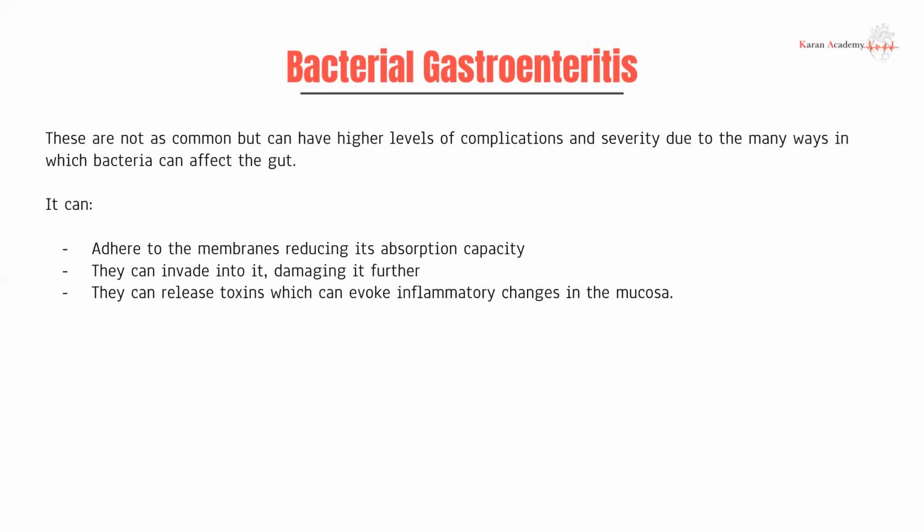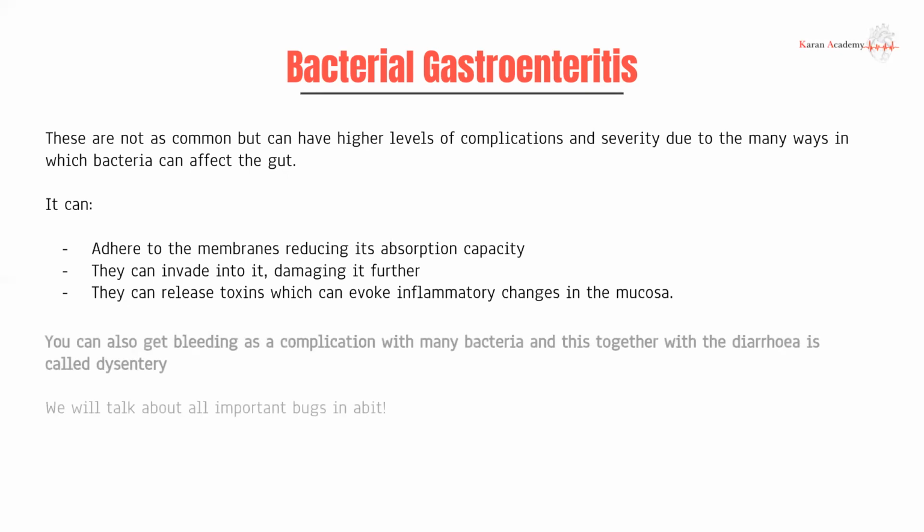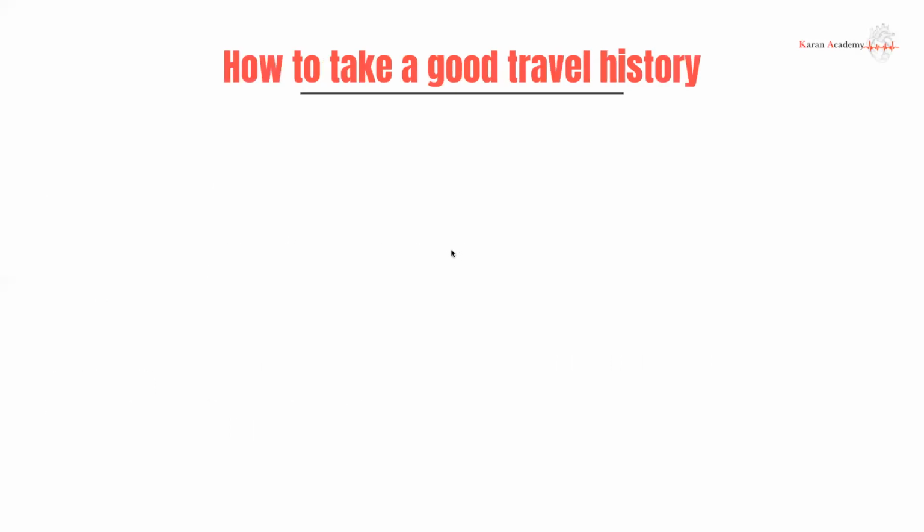And then certain bugs can also release endotoxins, and these endotoxins, as you can imagine, would invoke an inflammatory response in the mucosa. One important fact about bacterial gastro is that it can sometimes present with bleeding as a complication. And when you have bleeding along with diarrhea, this together is called dysentery. And we'll talk about dysentery specifically and the bugs that cause dysentery in a few slides.